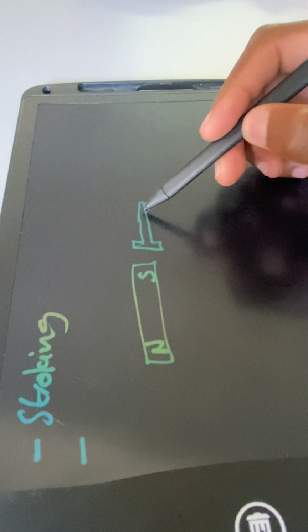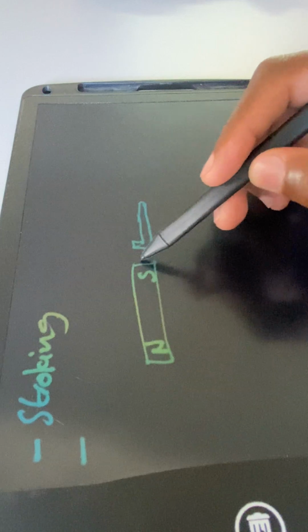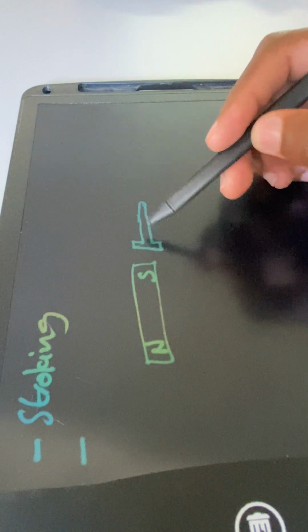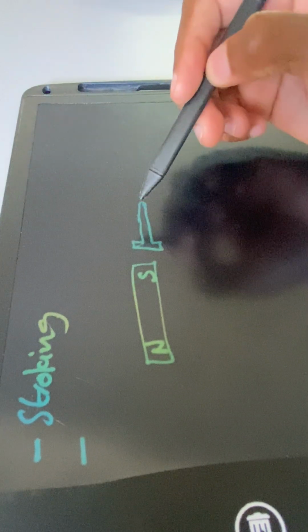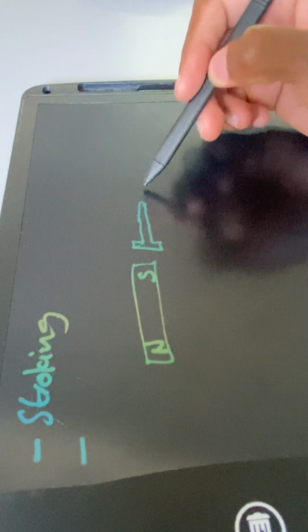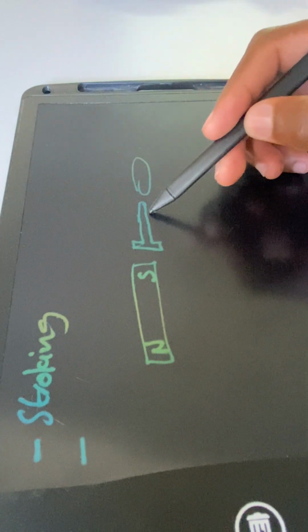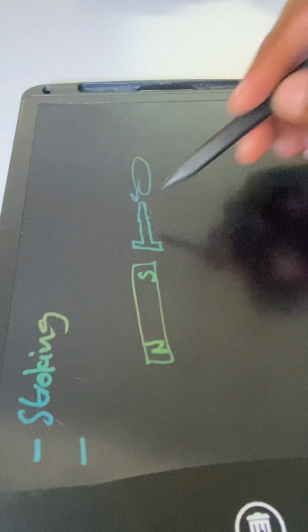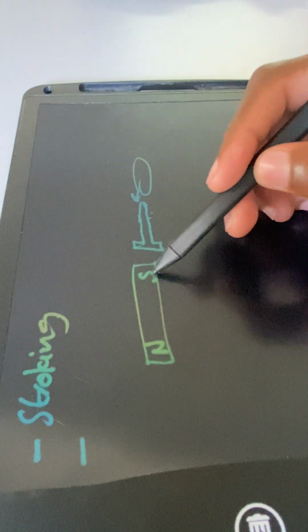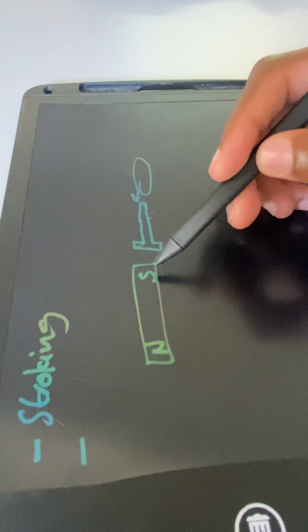The closer I bring this nail to the magnet, the more it is going to contain magnetic properties, such that if I bring a paper clip right next to this nail, it is going to be attracted by the nail. Why? Because it's closer to the permanent magnet.